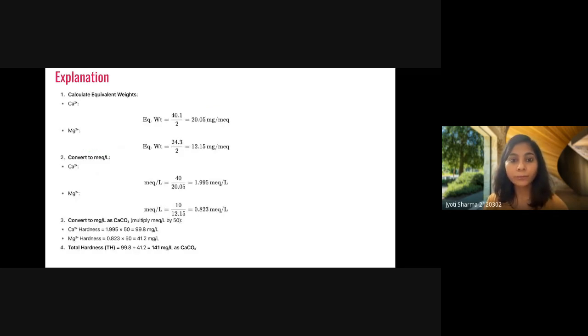Let me show you. Okay, so first we are calculating the equivalent weight. This equivalent weight is molar mass upon charge. So we calculated the equivalent weight of calcium and the equivalent weight of magnesium. Then we have to convert it into milli equivalent per liter, which is mg per liter divided by the equivalent weight.